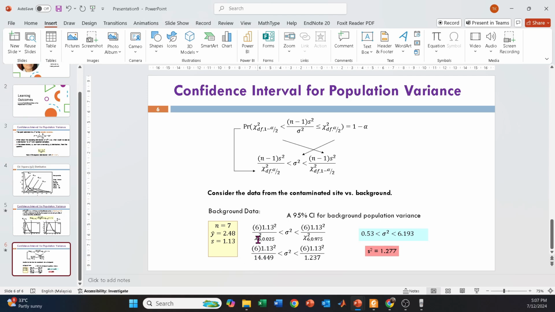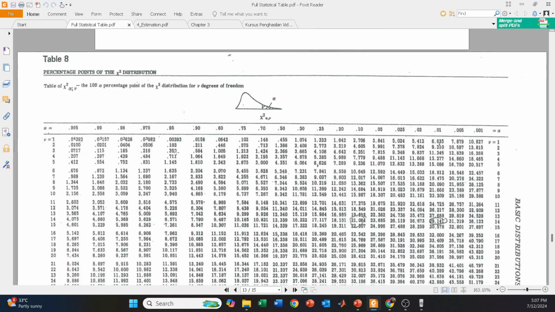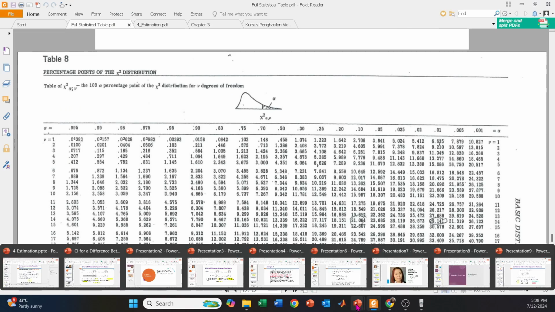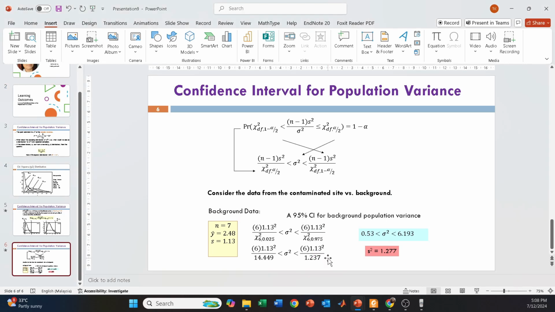So you see chi-squared 6 at alpha over 2 is the bigger value, and dividing by the bigger value, you get the smaller value. And then this is chi-squared, degree of freedom 6, 1 minus alpha over 2, meaning 1 minus 0.025, which is 0.975, and the value is 1.237.